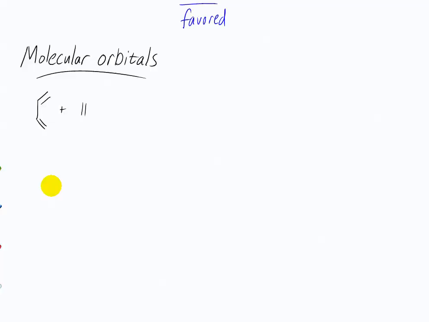And we can use the molecular orbital depiction to actually show how those reactions would work. Because remember that the HOMO of the nucleophile is going to put its electrons into the LUMO of the electrophile.